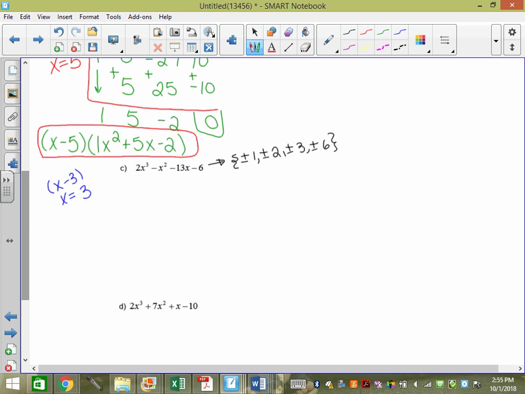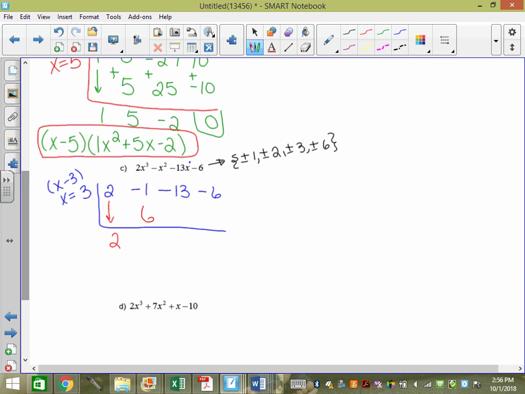Can we count down? 3, 2, 1, 0. Yeah, so we can just put in our coefficients. 2, negative 1, negative 13, negative 6. And then we're dropping down the 2. And now we multiply. 3 times 2 is 6.